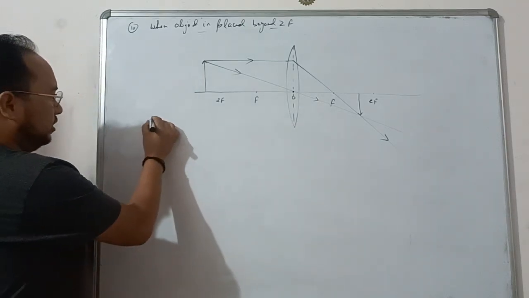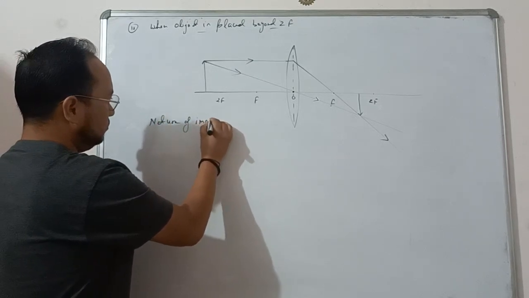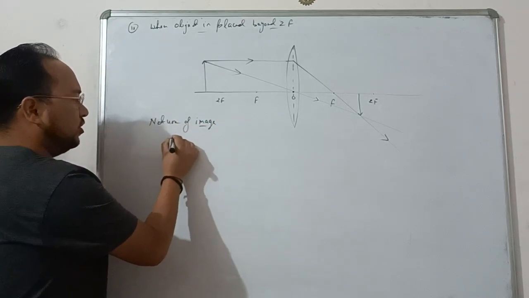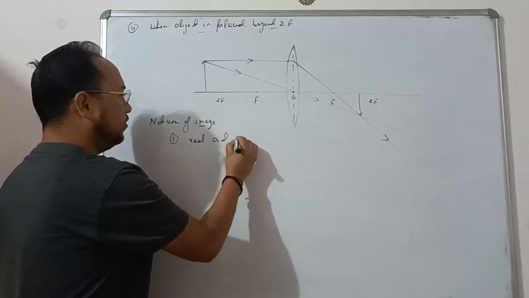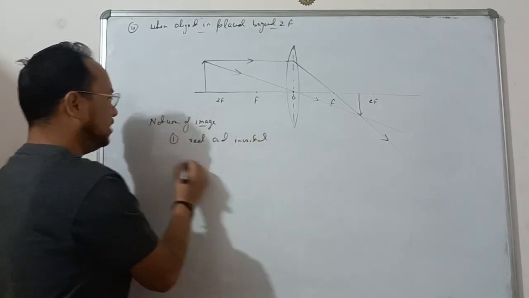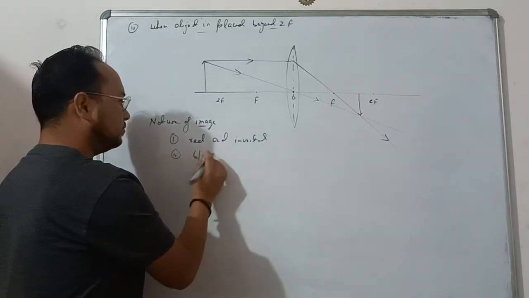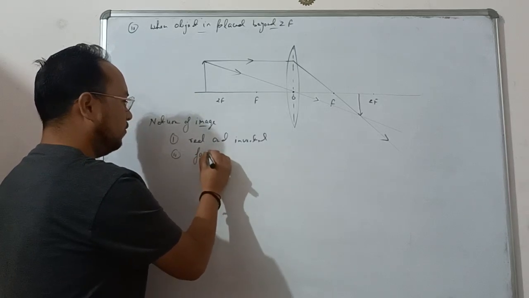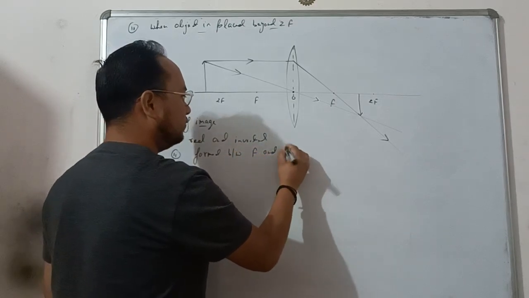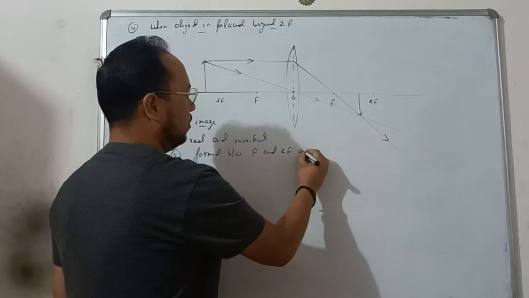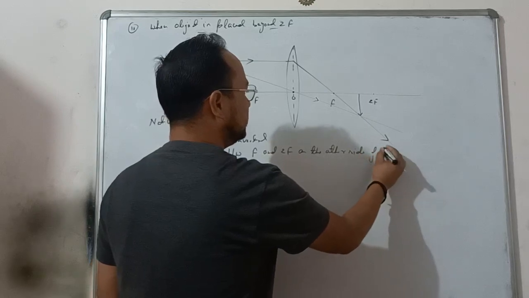So the nature of the image: the first one is real and inverted. The second one is formed between f and 2f on the other side of the lens.